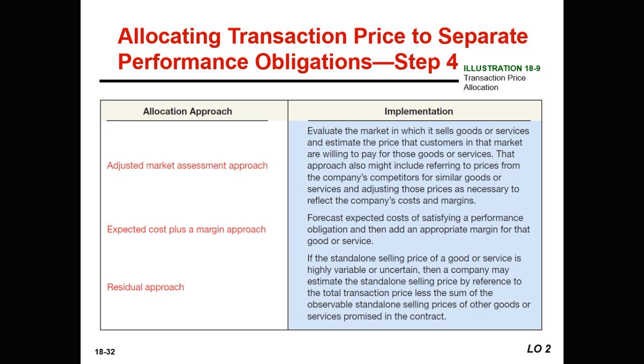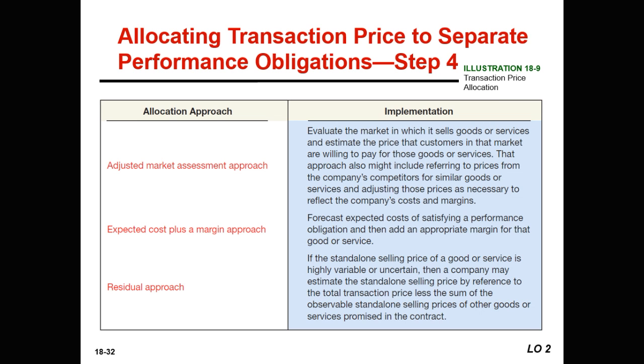First is the adjusted market assessment approach. You need to evaluate the market in which the product is selling and estimate the price that customers in that market are willing to pay for those goods or services. The second is expected cost plus a margin approach, where we forecast expected costs of satisfying a specific performance obligation and then add an appropriate margin for that good or service.